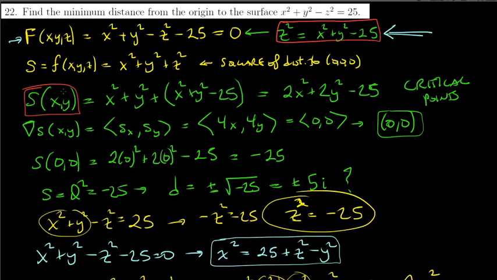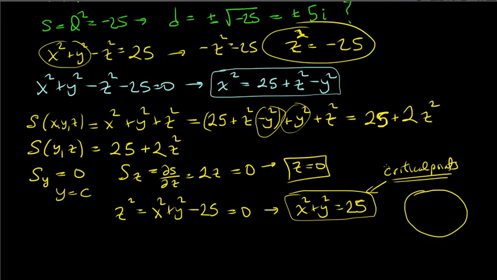All right, and so what's the distance from the origin? Well, we could go back to the original distance formula. Actually, we don't have to here. We have, in terms of just y and z, yeah, I think you could do it either way. But in terms of y and z, this is just 25 plus 2z squared.